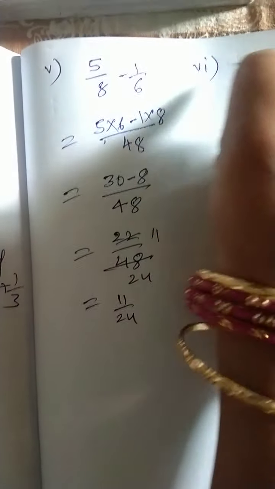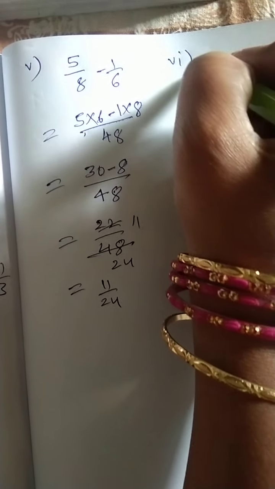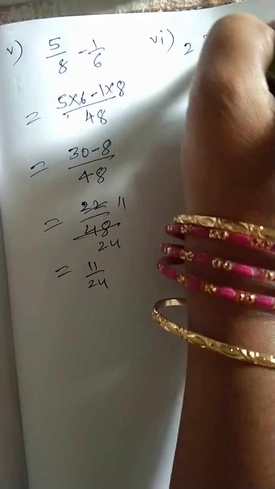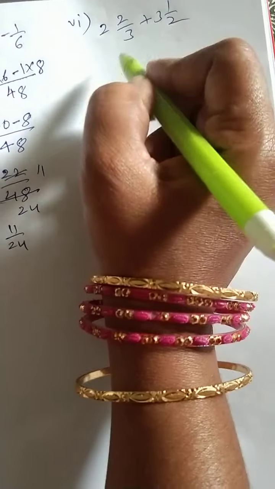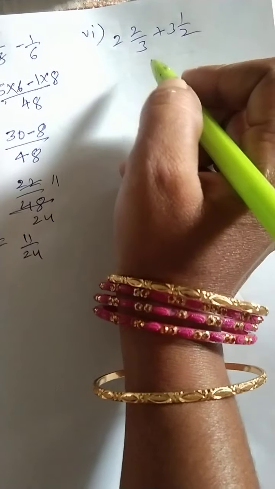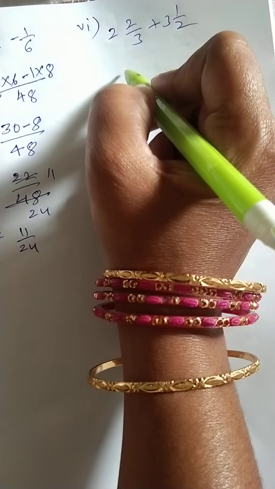Next, the sixth calculation. 2 by 3 plus 3 1 by 2. This is the sixth bit. First, this mixed fraction you can convert into an improper fraction.